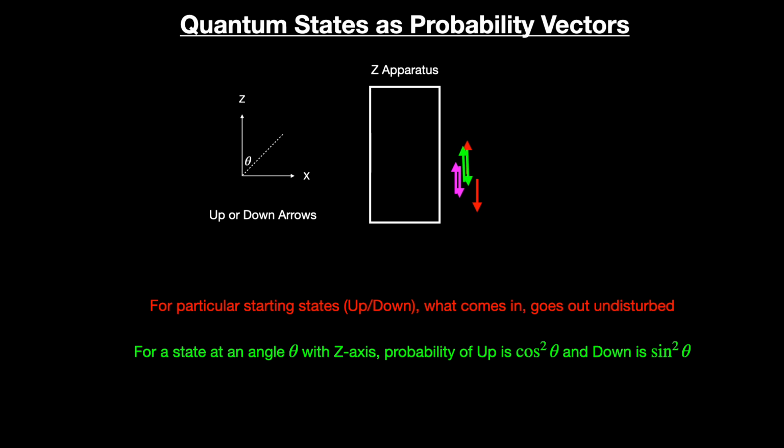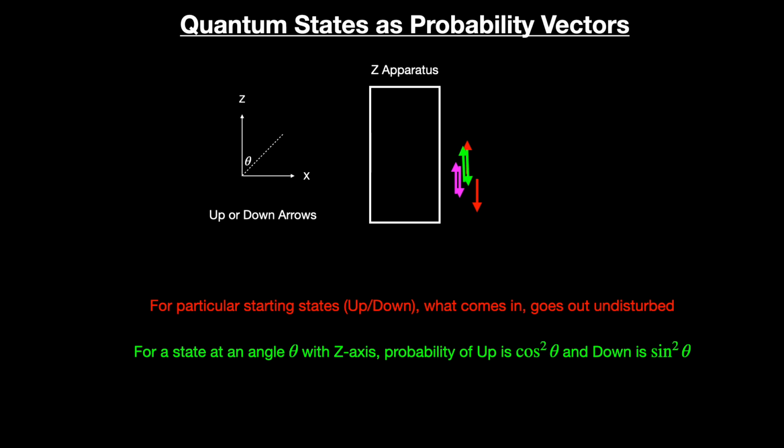So it's not true that sine square theta is the probability of observing a right arrow in this case. And this is a point that I hope you will think a little bit more about. So cosine square theta will be the probability of observing an up arrow, and sine square theta is the probability of observing a down arrow. And the only outputs I can see out of the z apparatus are either an up arrow or a down arrow.